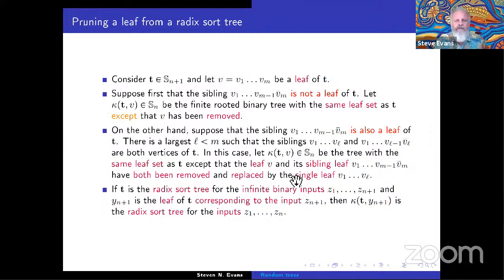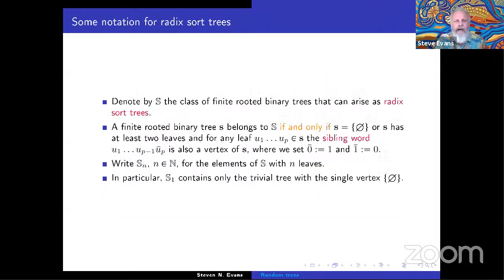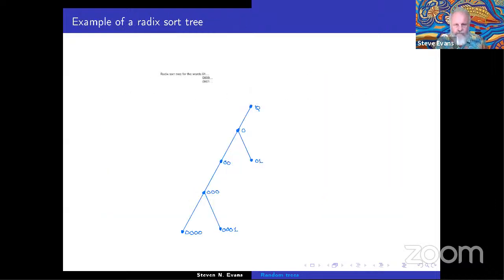Okay, so what happens if we have a radix sort tree for a bunch of infinite words, and we take one of the words away?